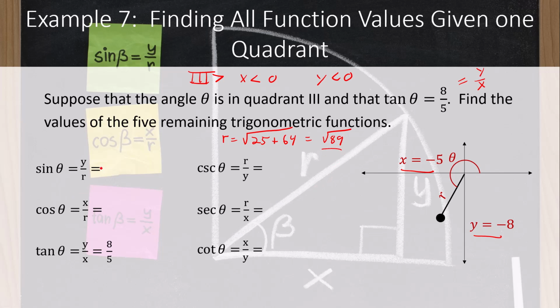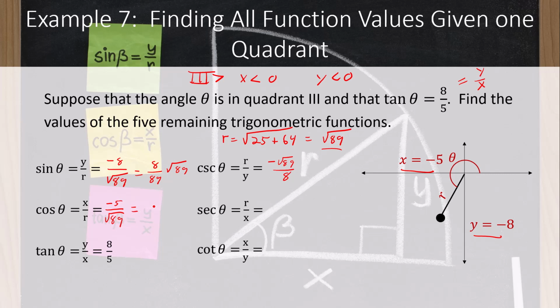Sine of theta is going to be -8 divided by the square root of 89, which will be -8 over 89 times the square root of 89. Its reciprocal is going to be negative the square root of 89 divided by 8. Over here, cosine is going to be x, which is negative 5, divided by the square root of 89.